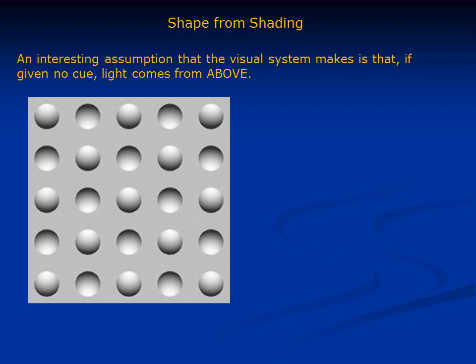So you look at the dimples and the divots in this figure, and, well, what would produce a dimple here? Well, the light coming from above. So you look at that little circle there, upper left, and the light striking and it's casting a shadow. So it's a bump, right?